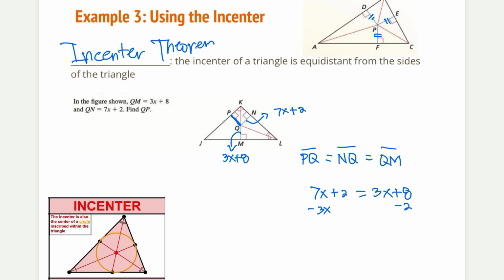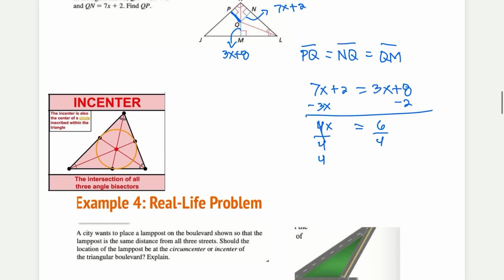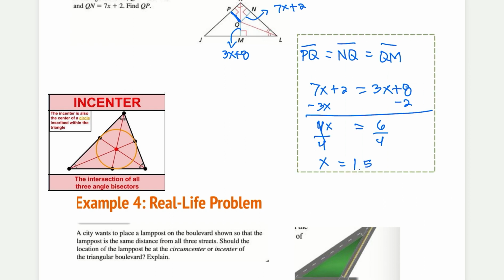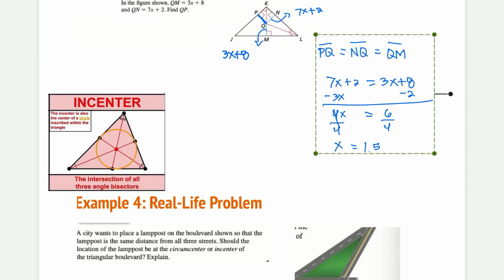Minus 3x and then minus 2 would give me 4x is equal to 8 minus 2, which is 6. And then dividing both sides by 4, x is equal to 6 over 4 in simplified form, or in decimal, 1.5.